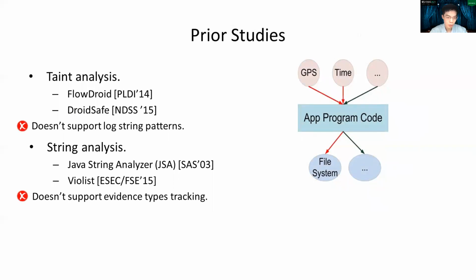Unfortunately, they do not support output as detailed as the log message string patterns. On the other hand, string analysis studies like JSA and Violist do support string pattern analysis, but do not answer which piece inside the string patterns carries which type of evidence.